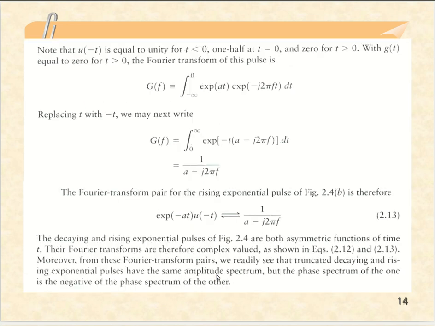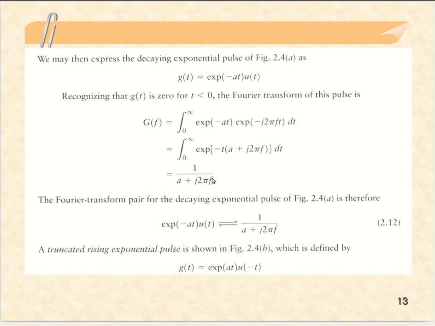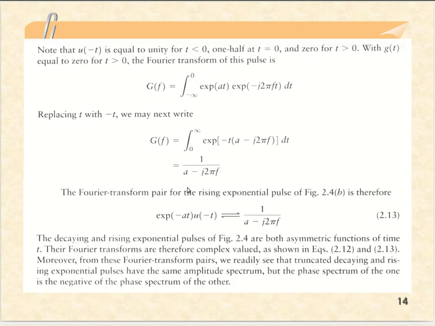Now for this signal, the exponential function is nonzero from minus infinity to 0, after that it is 0. You take the integration of the exponential, and the result is 1 over a minus j2 pi f. Here is the difference, the plus and minus. If you take e to the minus a t times u of minus t, it is the minus here.